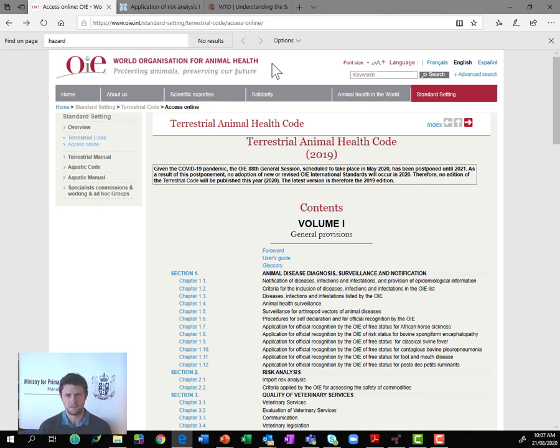It has different iterations each year, but only very minor changes, because this information has been established for many years now and it is continuing to be found to be very robust. When we look at the Animal Health Code, I want to point out the glossary.